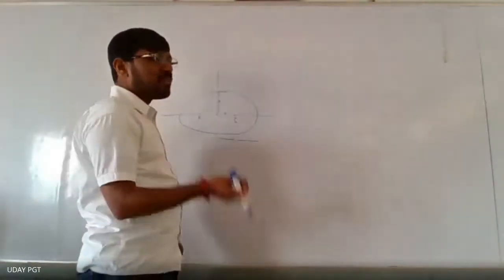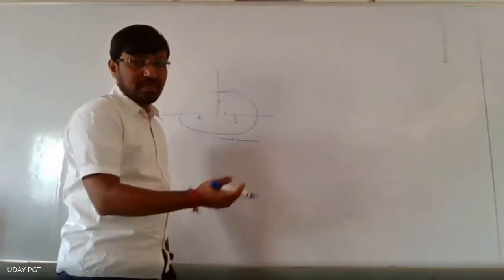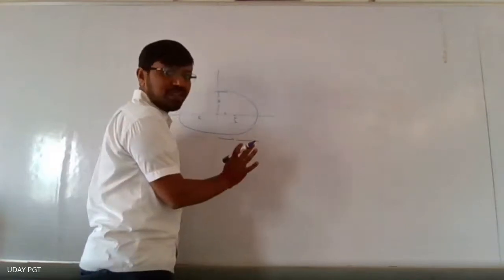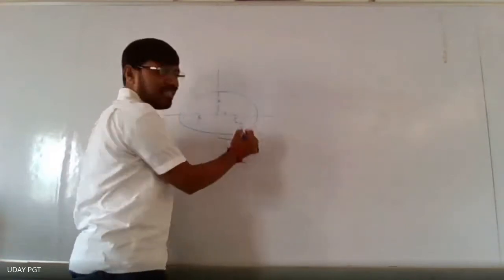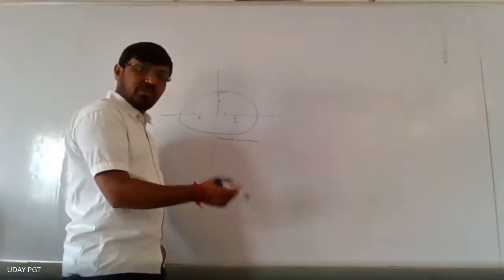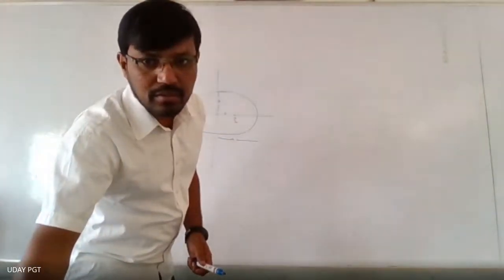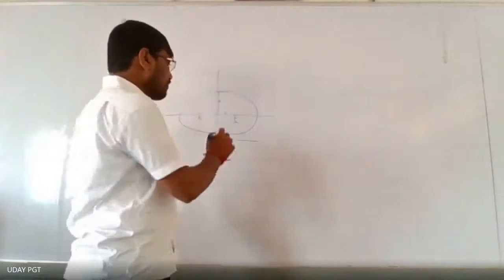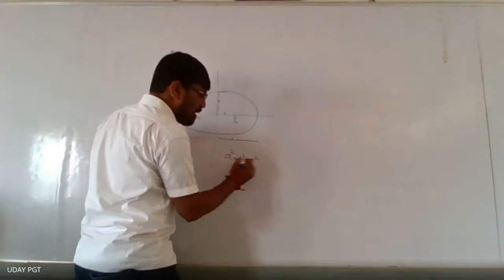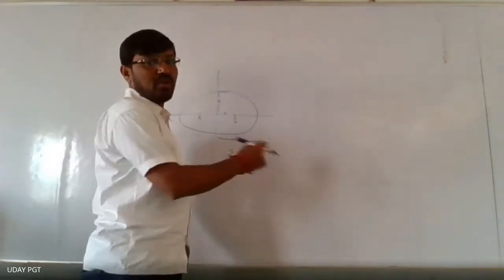In the case of the ellipse, we get a square equal to b square plus c square, or in the case of the hyperbola, we get c square equal to a square plus b square. The easiest way to remember is that a is more, obviously, whenever you take the major axis as the x axis or the y axis, whatever it may be. So a is more, that's why a square is equal to the sum of the squares of the remaining two: a square is equal to b square plus c square.